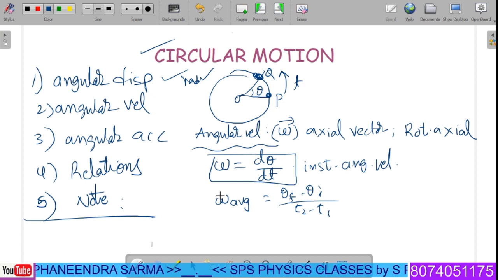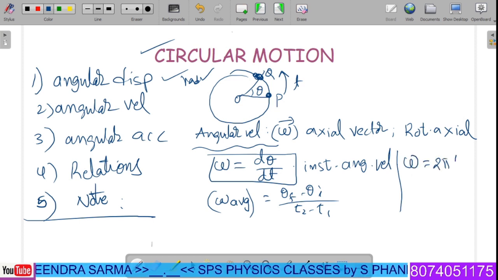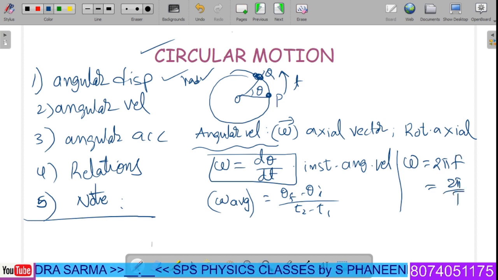Apart from these two formulas, we have omega equal to 2 pi f, and we can add on 2 pi by T, where f is the frequency of rotation and T is the time period of rotation.